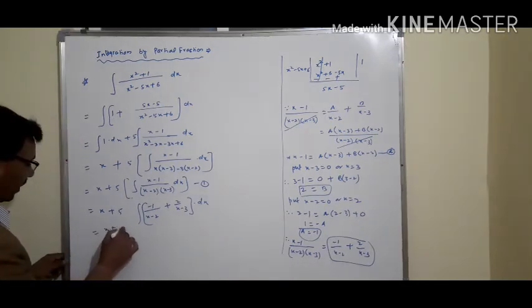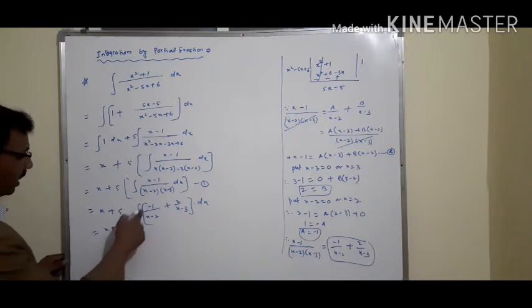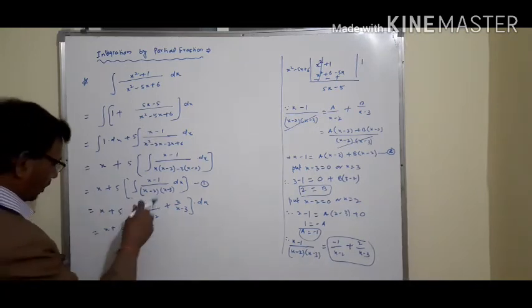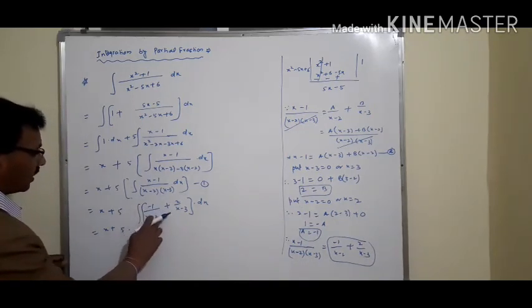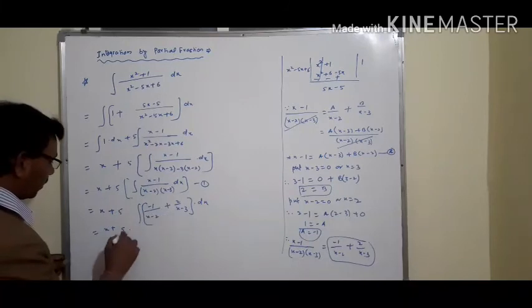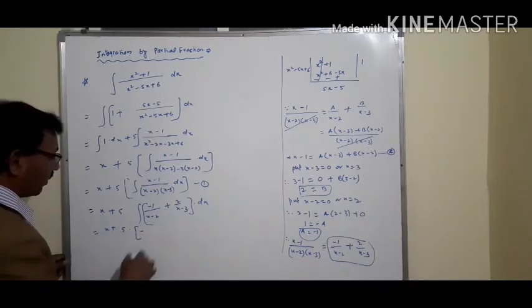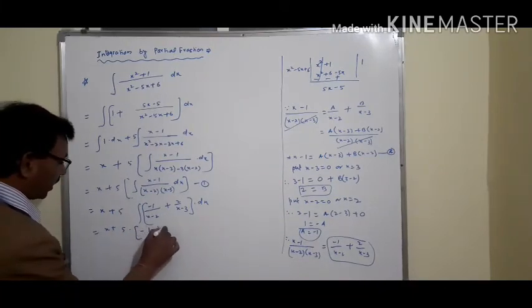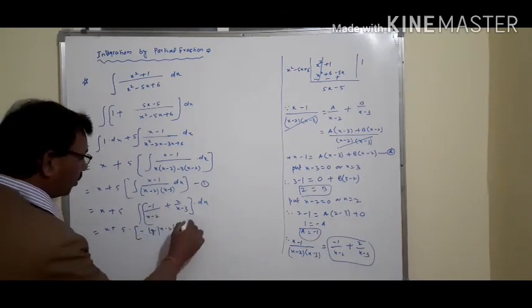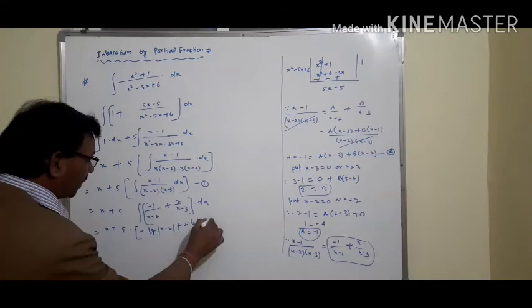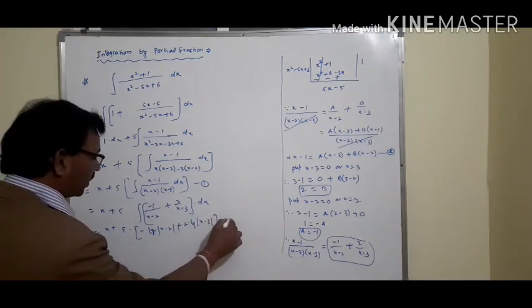That means this will be x plus 5 into minus log of (x minus 2) plus 2 log of (x minus 3) plus c.